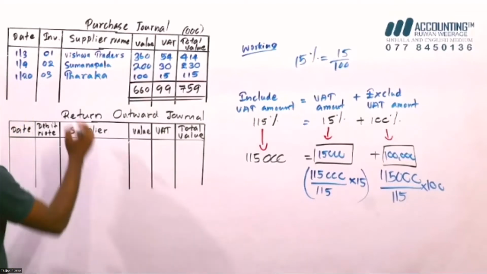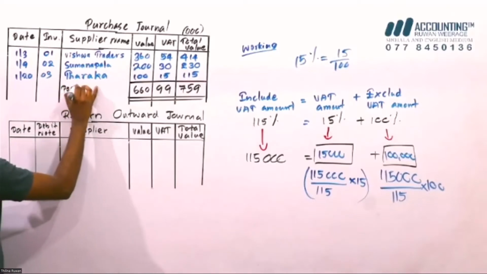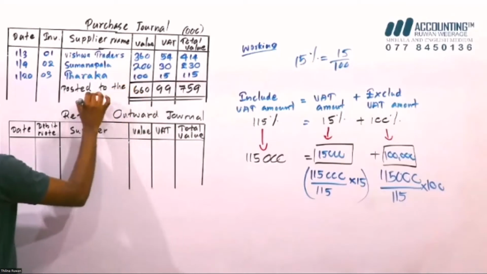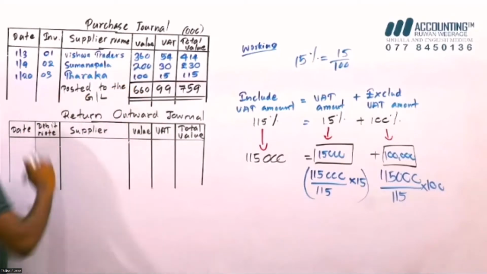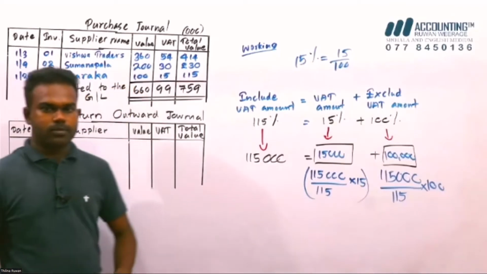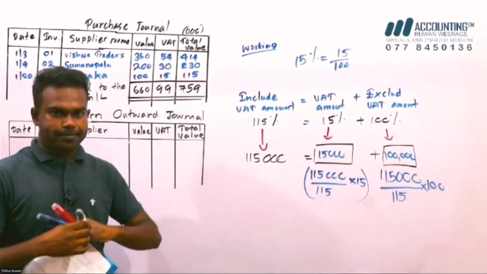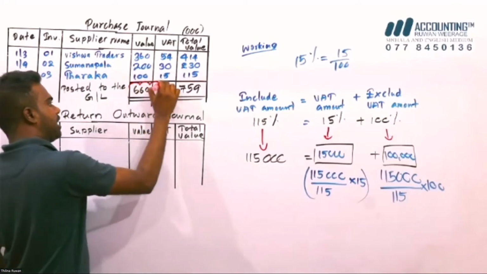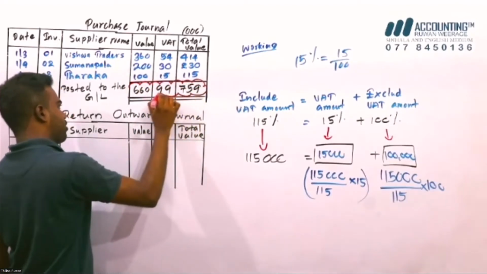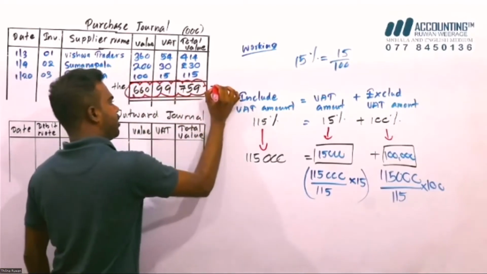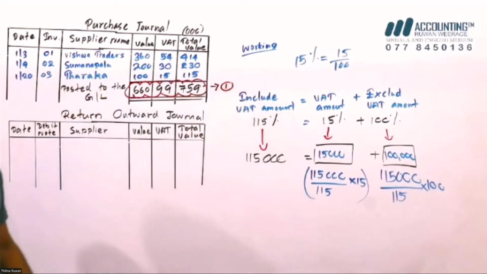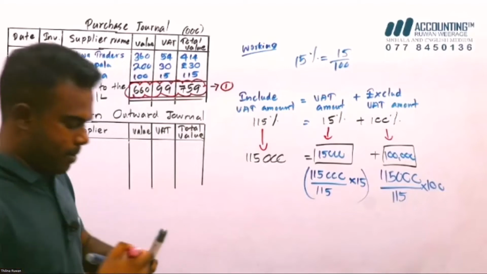Right. Write down here, posted to the general ledger, GL. Okay. And highlight these totals, and write down number 1. Here, number 1.